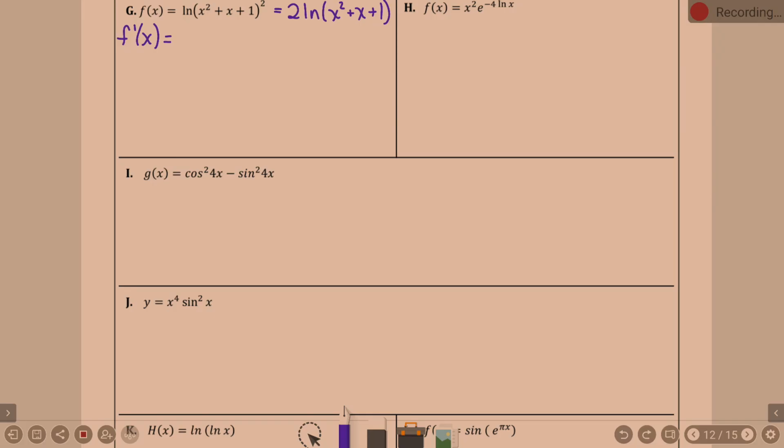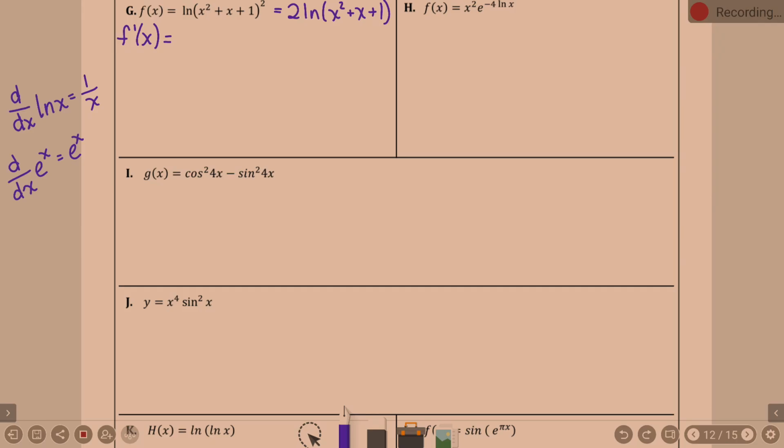Natural log has its own derivative rule. The derivative of natural log of x is 1 over x. Just like the derivative of e to the x is e to the x. Those were special rules that we're supposed to know. Okay?